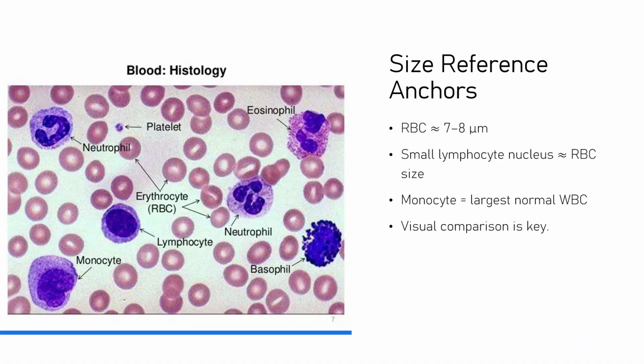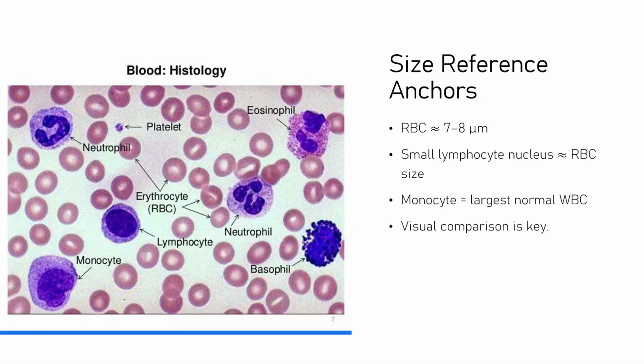At the other end of the spectrum, monocytes are typically the largest normal leukocytes in circulation. When you see a cell that's clearly larger than surrounding red blood cells, often 2 to 3 times their diameter, monocytes should immediately come to mind as a possibility. Neutrophils and eosinophils generally fall somewhere in between, larger than red blood cells but not nearly as large as monocytes.